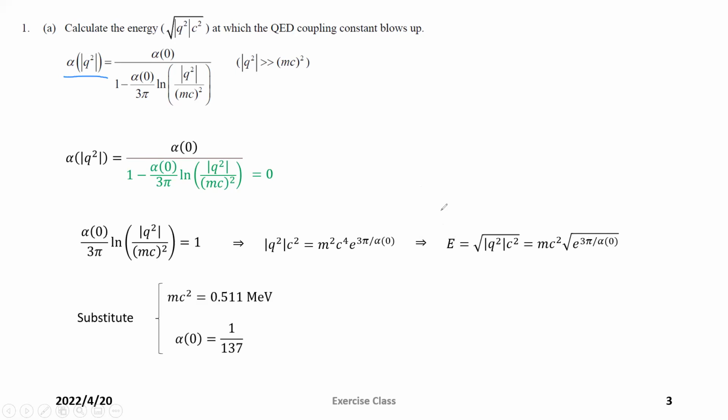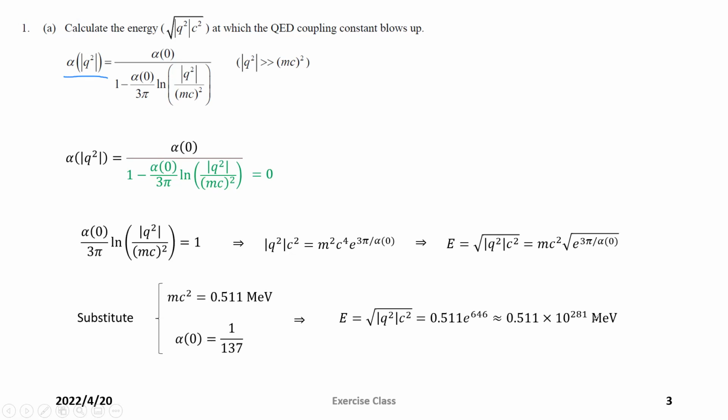Then we can substitute some values. For the m, we can simply choose the electron or muon, it doesn't matter. And for alpha 0, we substitute the experimental value 1/137.